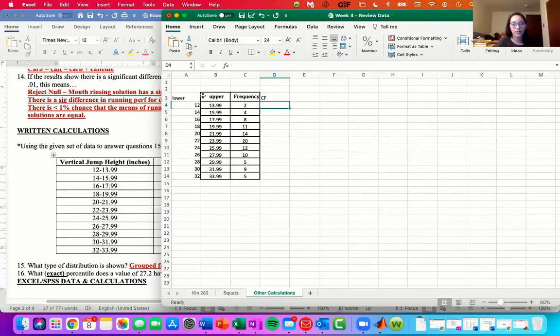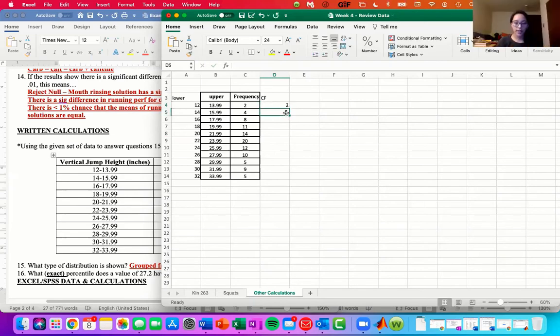Okay, so where would we start on our chart? At the top or at the bottom? Top. The top, right? Because it's like our worst score. It's the lowest jump height. So what would the cumulative frequency be at this top one? 2. 2, right?